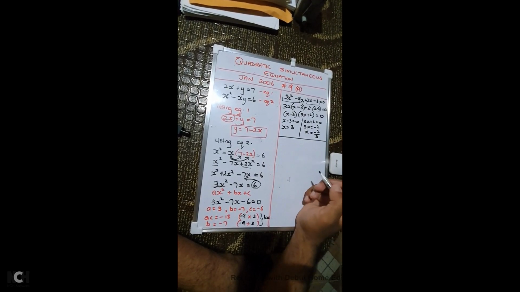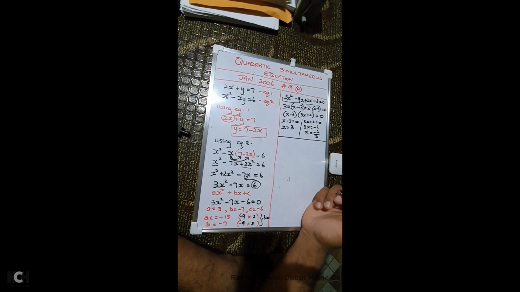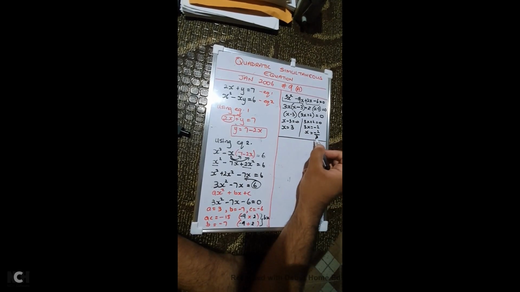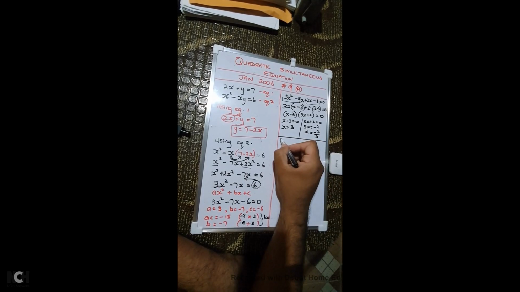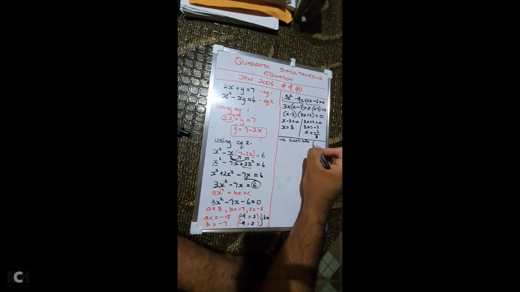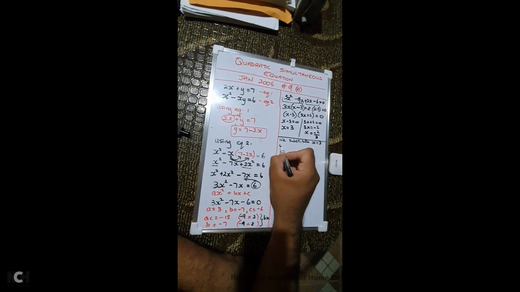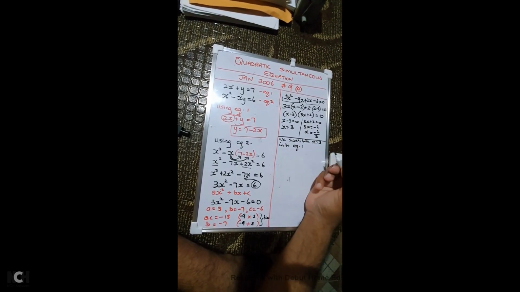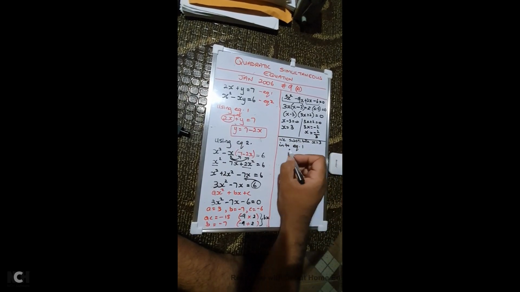Okay? So now we need to find the value of y. Now we found two values for x, right? So we substitute x equal 3 into equation 1 because that is the easier one to work with, right?